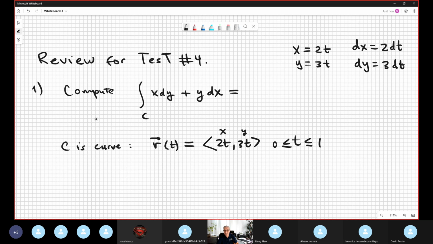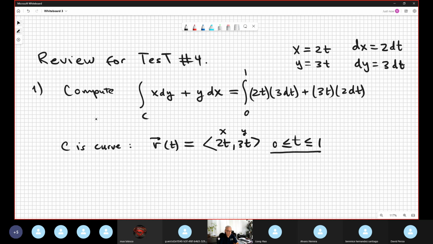You convert magically this line integral into one single integral of calculus 1 from 0 to 1, which is the domain of t. You copy x, who is x? 2t. Who is dy? 3 dt. Plus, who is y? y is 3t. Who is dx? 2 dt.